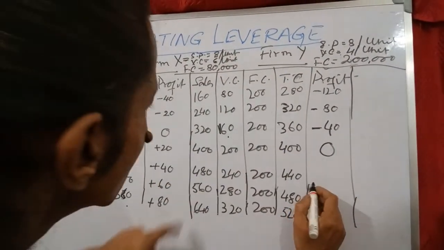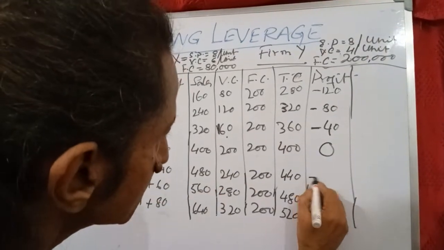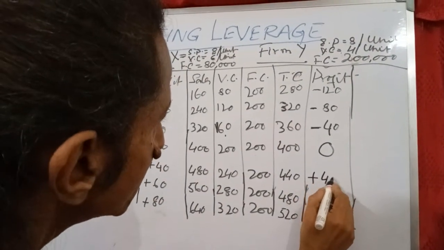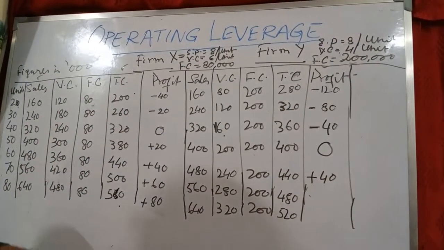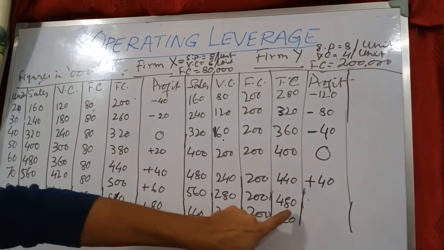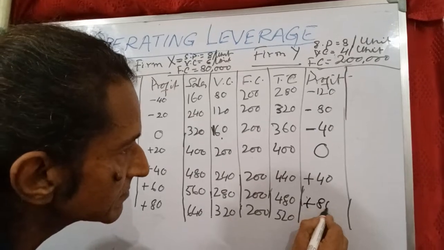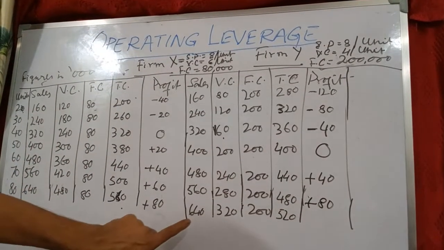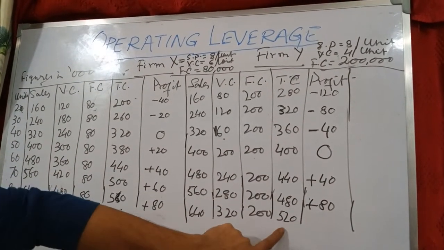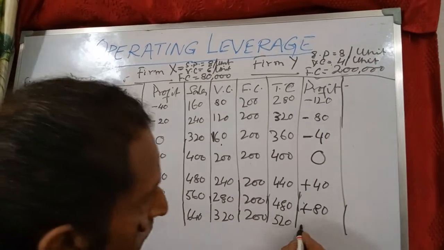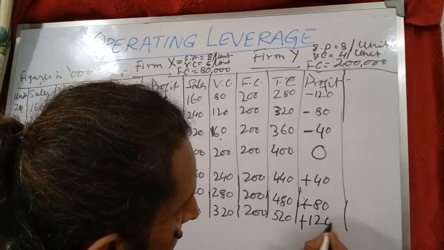Here 480 minus 440, that is plus 40. Here 560 minus 480, that is plus 80. 640 minus 520, that is plus 120.